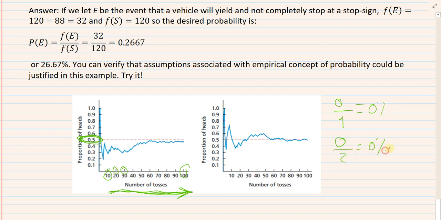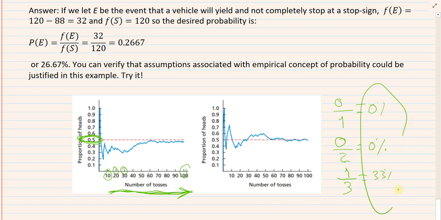You still say the probability is 0, but we're not going to believe that because we just haven't done this enough or a large enough number of times. So let's flip the coin one more time, and suppose we actually see a head now. So the probability is 33% now.